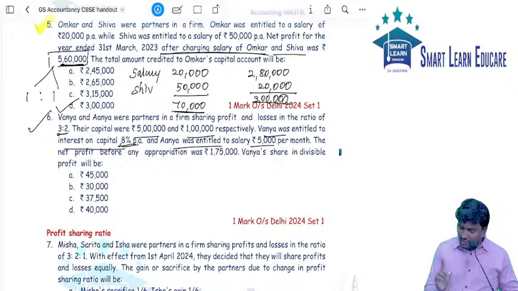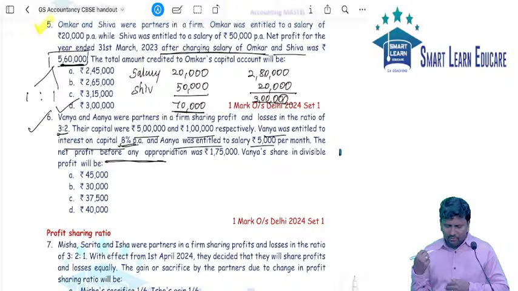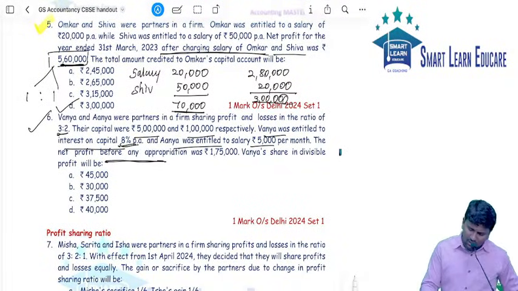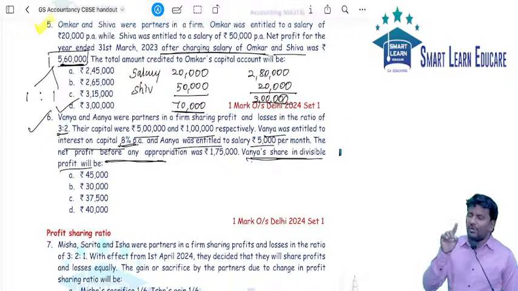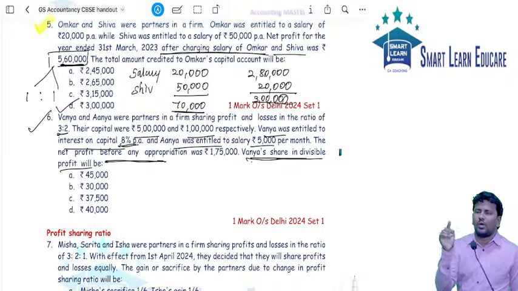This 8% is not for both partners, 8% is only for one partner. And also we have a salary for A. Net profit before any appropriation, meaning we have not yet provided for salary or interest on capital. What is the question requirement? What is V's share in divisible profit? That's it. Quickly try.